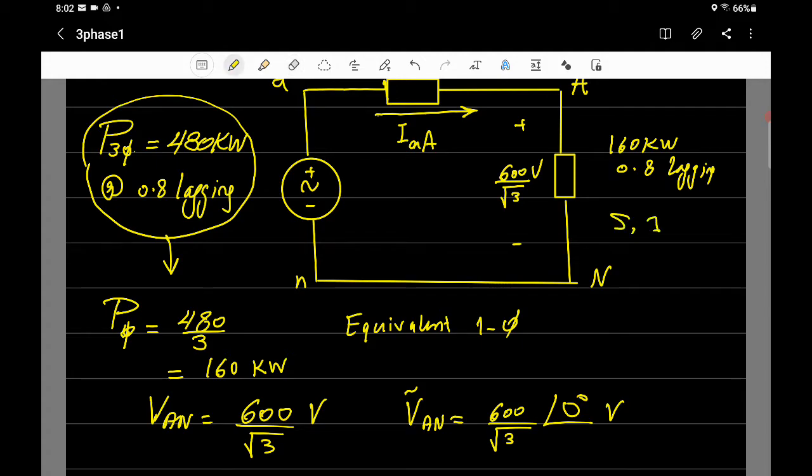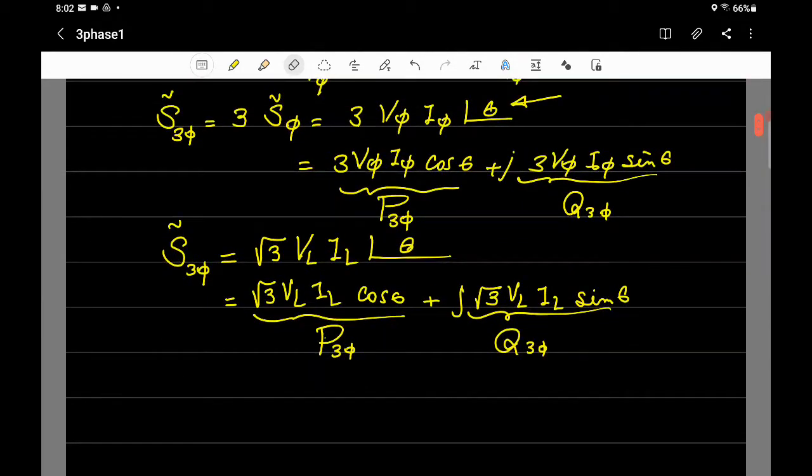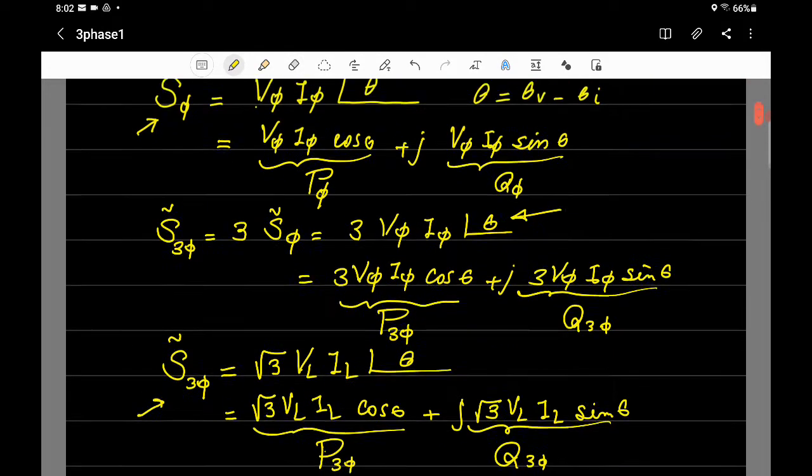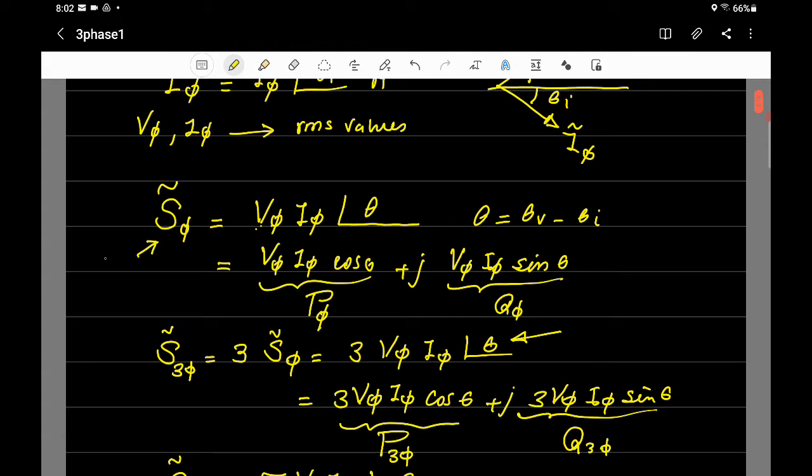I just reviewed it with you in the beginning of this video. Here you go, that's if you're working with three phase, and that's if you're working with single phase. S_phi is equal to V_phi I_phi at angle theta. That's the complex power. But if you talk only about the magnitude, you write S without the angle, it's V_phi I_phi.